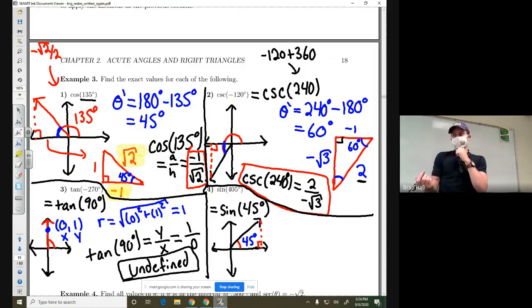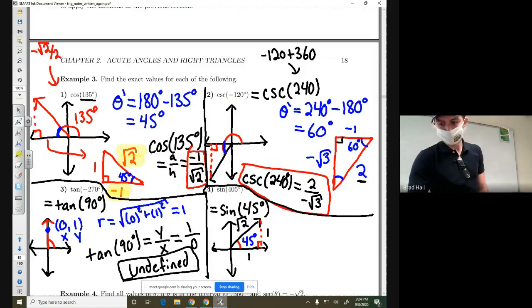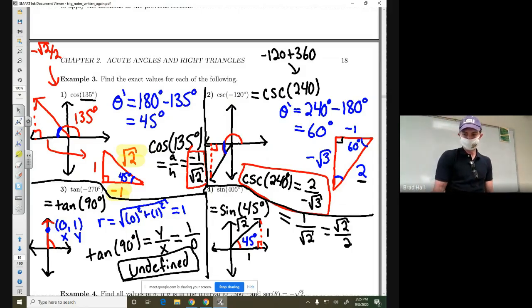So from here, it's just the segments of a 45-45 triangle, which if you recall, were 1, 1, and the square root of 2. And we don't have to have any negatives. It's all positive. It's right and up. So it's just a matter of finding sine of 45 degrees, which is opposite over hypotenuse. Or if you like to work it out even further, you can do so. But this answer is perfectly sufficient.